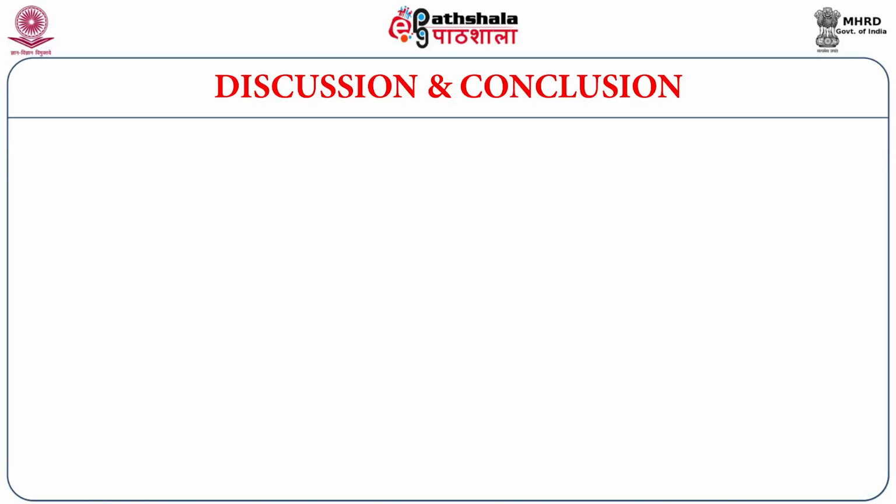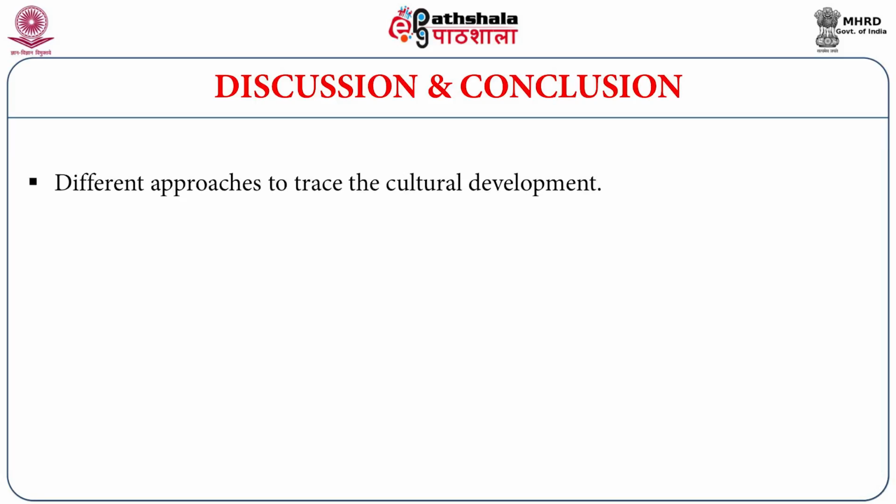Finally, let us look into the conclusions and let us look into the factors that led to the development of urbanization. When we see the views of various scholars, we can very clearly understand that different approaches have been adopted by scholars to understand urbanization. Purely material cultural approaches stressed that only iron was important.